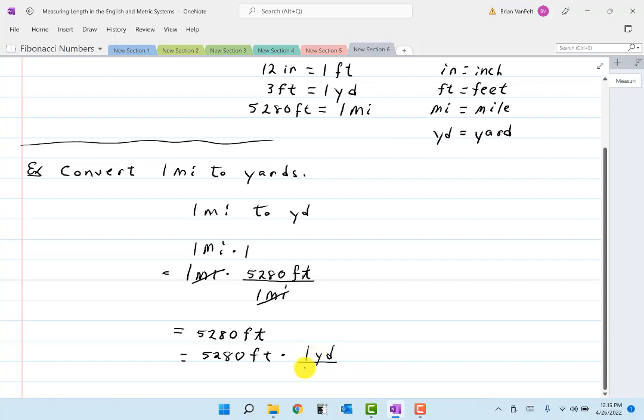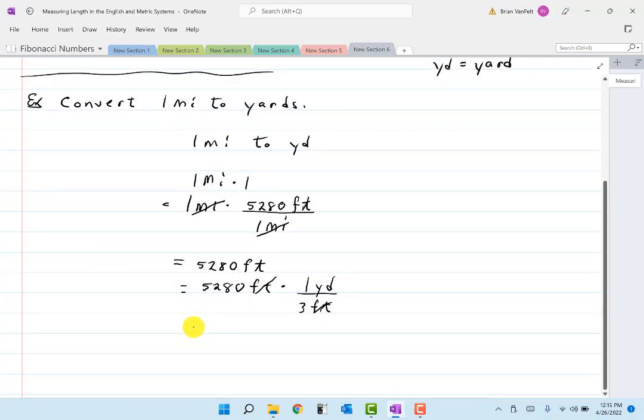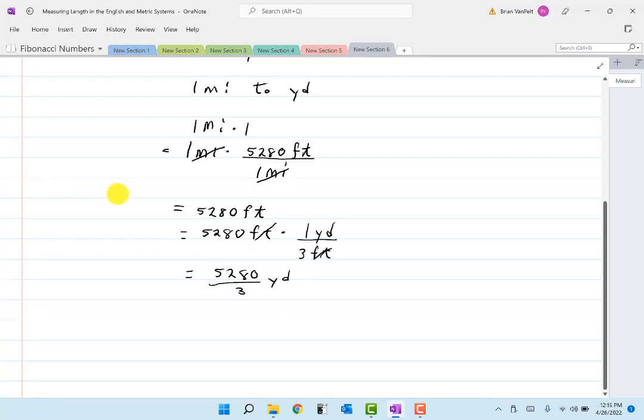So I want to take the feet out of there. And so I can cancel the feet. And now you see what's left over is just yard. So I have 5,280 divided by 3 YD. And that turns out to be 1,760 YD.